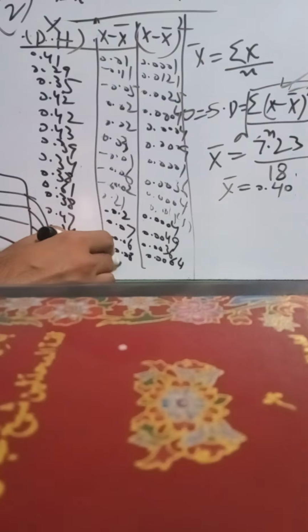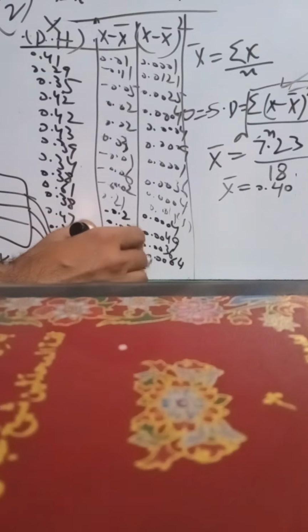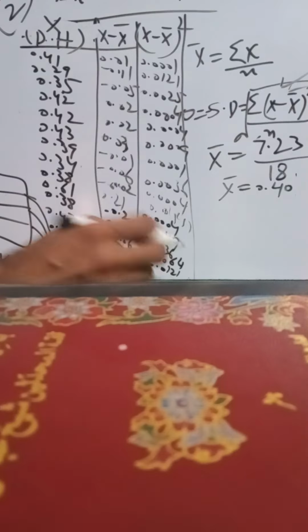So I will write directly these answers, like 0.29, put 0.29 minus 0.4, minus 0.11, and its answer is 0.0121. Then 0.3 minus 0.4 is minus 0.1, and 0.1 square was 0.01, its answer.